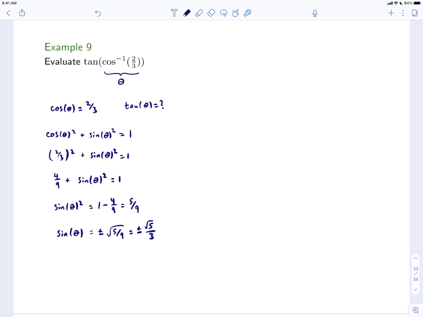So we're faced with the same problem that we had before. We have a plus or minus and we need to figure out whether it's plus or minus. And that, again, depends on where you are on the xy plane. We can figure that out by looking at the fact that we're looking at cosine but on a restricted domain. So cosine inverse is the inverse of cosine but on a restricted domain.